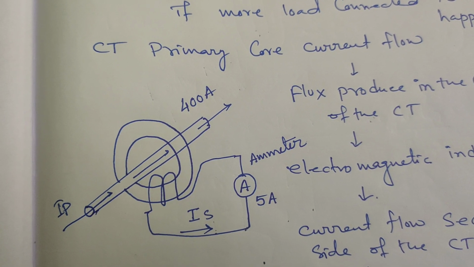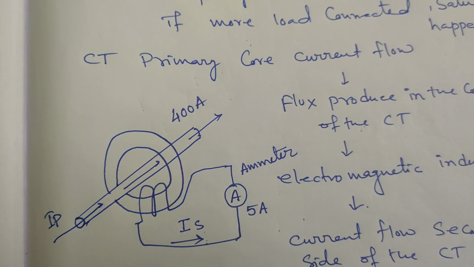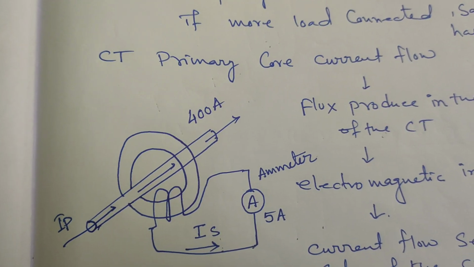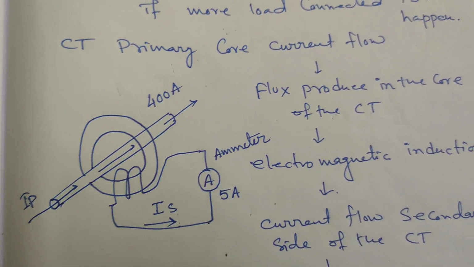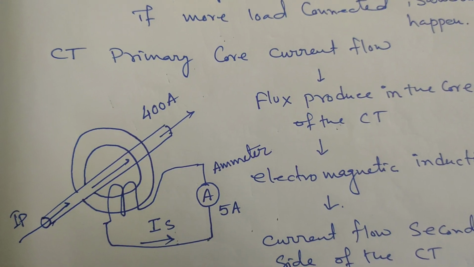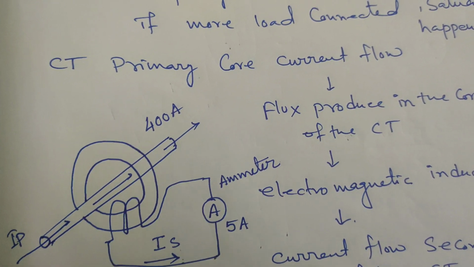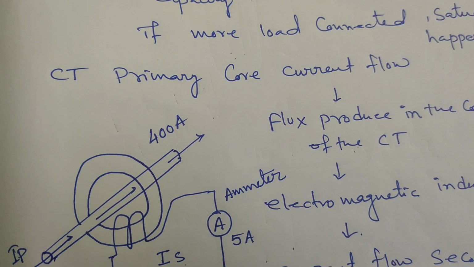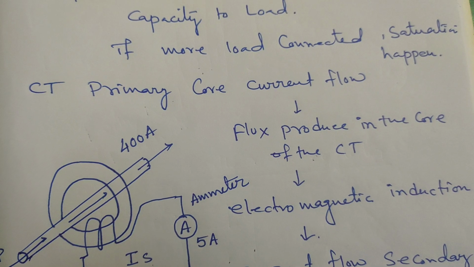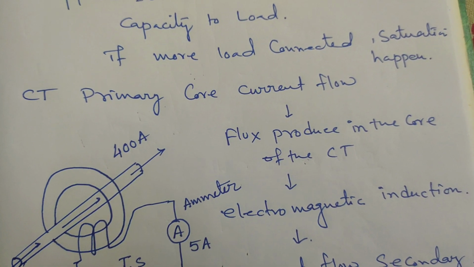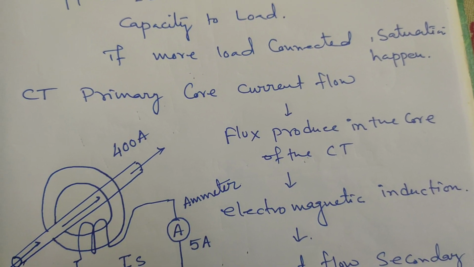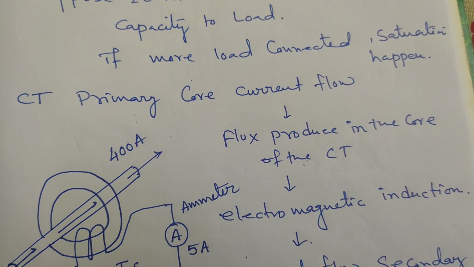When the core material can no longer support a magnetic flux increase, usually due to excessive primary current or the presence of DC offset, and the flux density in the core reaches its maximum capacity, the magnetic material is said to be saturated. This saturation leads to distorted secondary current and can cause malfunction in the protective relay.